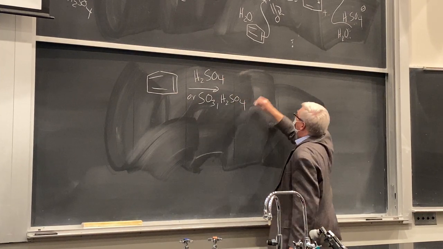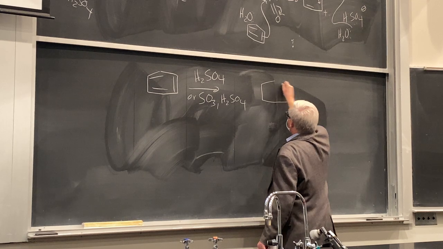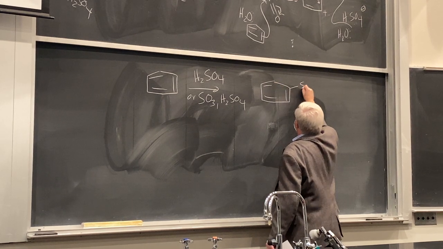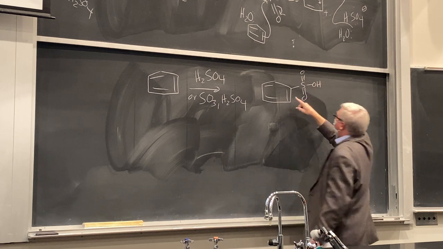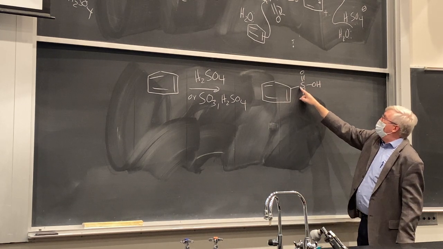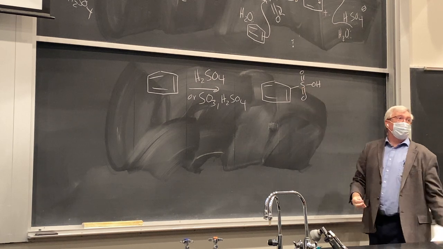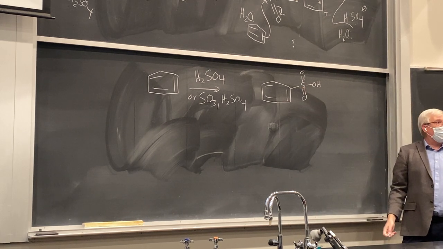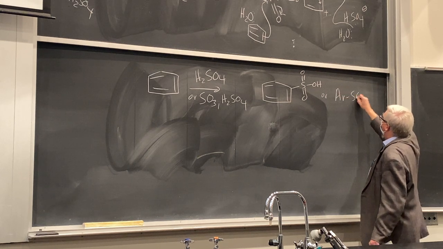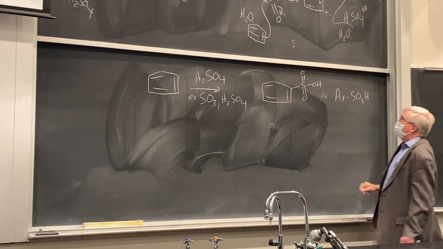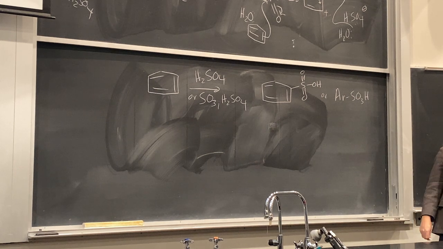Again, this is the pure stuff, no water in there. So what do we get? We get out the sulfonic acid. Notice it's an aromatic group now on the sulfur. So you could say we did a substitution on sulfuric acid. Or we just abbreviate it Ar, and then SO3H. Okay. But benzene sulfonic acid is our product.